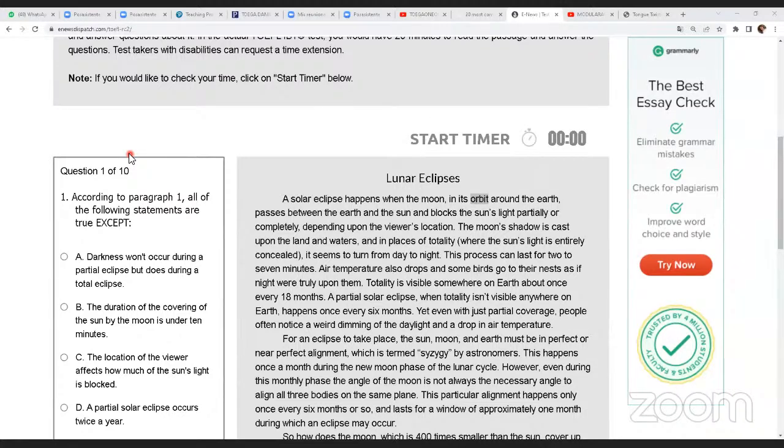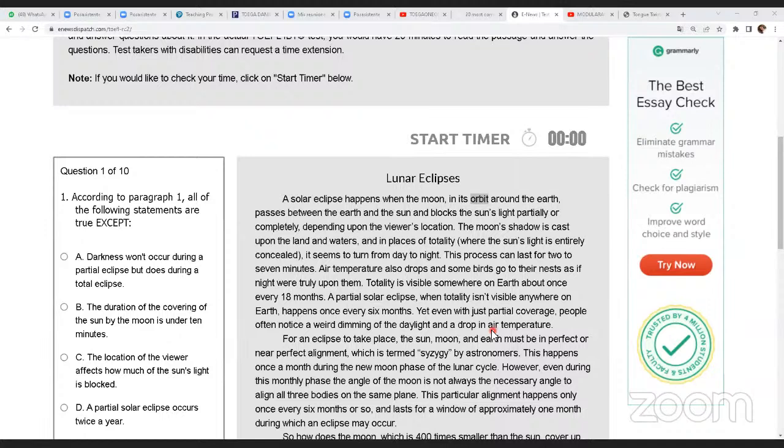A partial solar eclipse, when totality isn't visible anywhere on Earth, happens once every 6 months. Yet, even with just partial coverage, people often notice a weird timing of the daylight and a drop in air temperature.